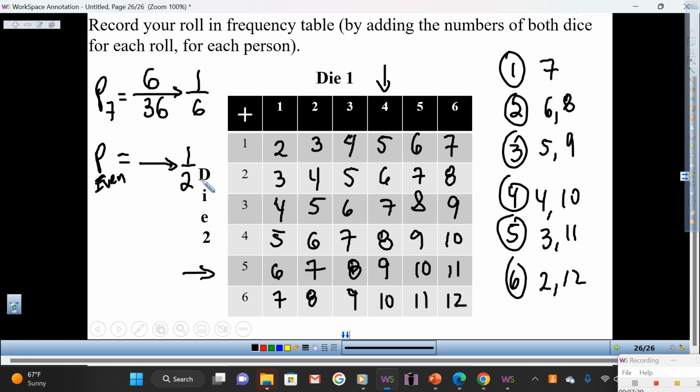One out of 2. Have you got that? That is correct. This was 18 out of 36.